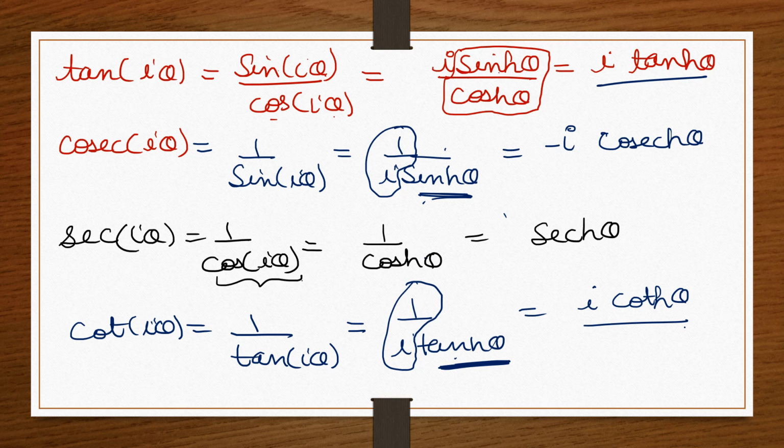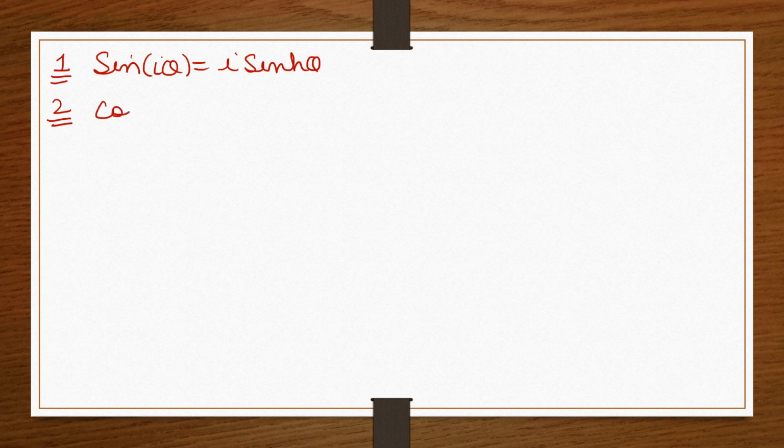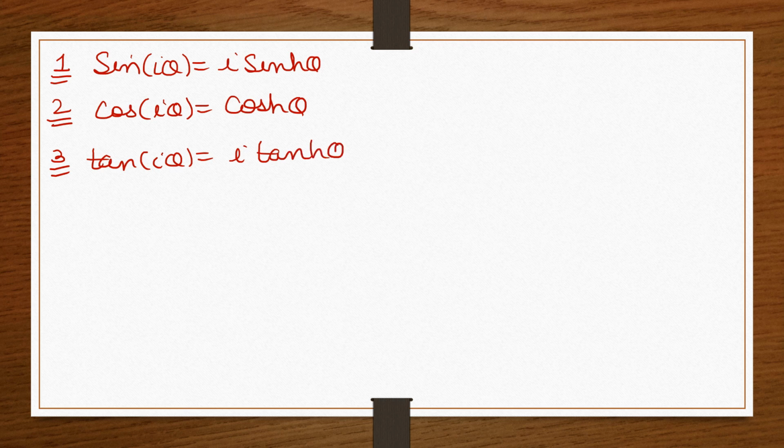Now see what we have learned. The first thing, we have seen that sine iota theta is iota sine hyperbolic theta. Second, cos iota theta is cos hyperbolic theta. Third, tan iota theta is iota tan hyperbolic theta.